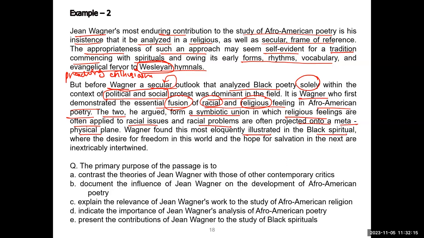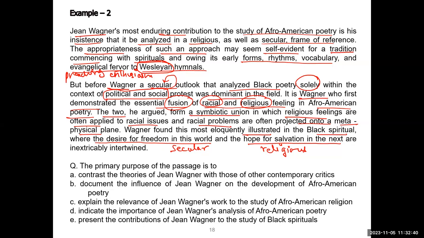What happens in a Black spiritual? In the Black spiritual, you see that people express their desire for freedom in this world. People want to be free in this world. This is secular. And they also want salvation in the next life. This is religious. That means when they die, when they get the next life, they want salvation.